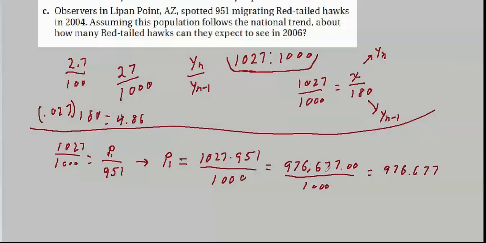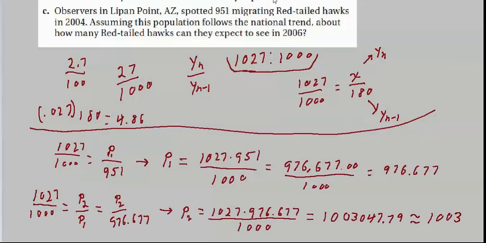And what we have to do is we now put this number in for this one. In other words, we solve pretty much the same equation once again, and we get 1027 over 1000 is the population at year 2 divided by the population at year 1.